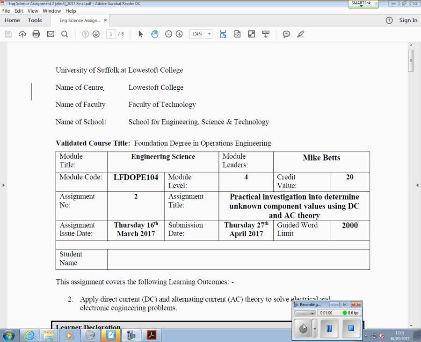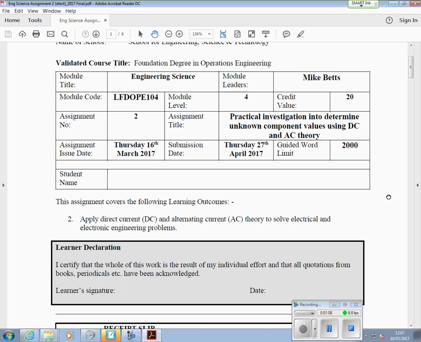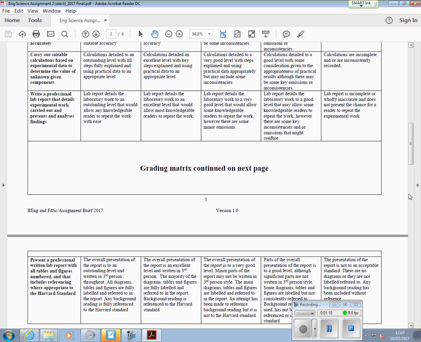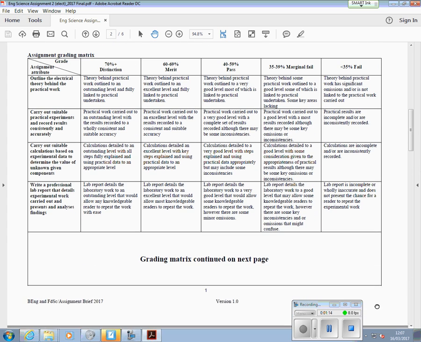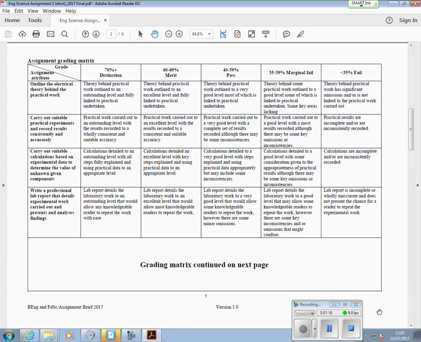Right. Grading matrix. So, on the left-hand side, the things being assessed. Outline the electrical theory behind the practical work. Carry out suitable practical experiments and record results consistently and accurately.